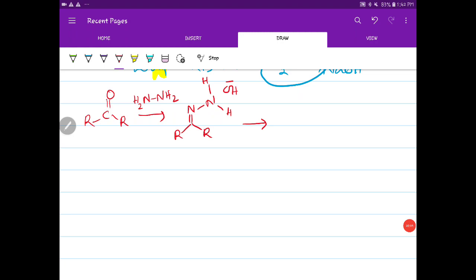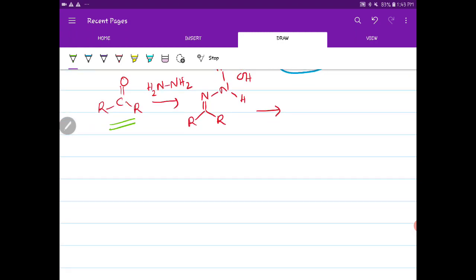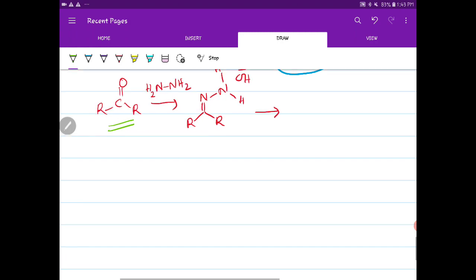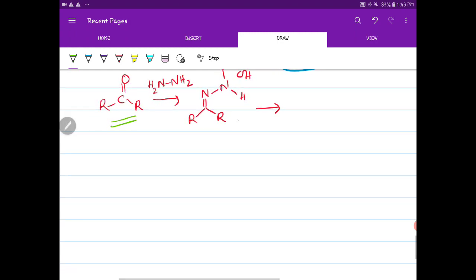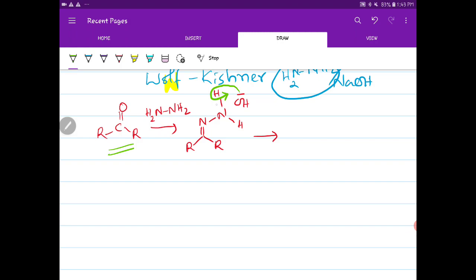The mechanism is a little complex actually. First the aldehyde or ketone will react with hydrazine to form a hydrazone. Hot concentrated sodium hydroxide solution deprotonates the hydrazone. This bond will come over here.